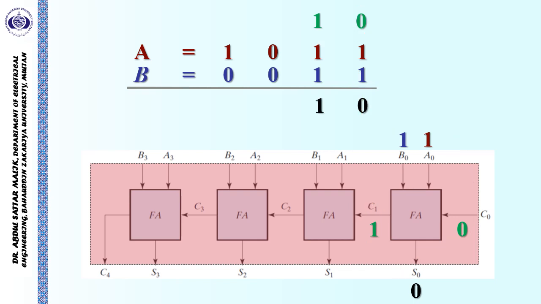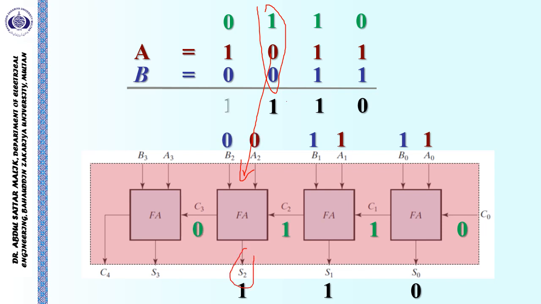Similarly, these 3 bits will be added, and there will be a sum 1 and yet another carry. This will go to the next full adder, and then these 3 bits will go to the following full adder, providing us the sum and the carry.